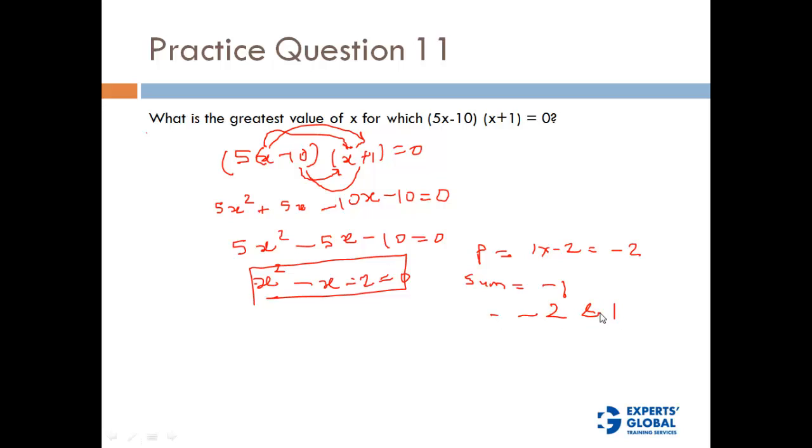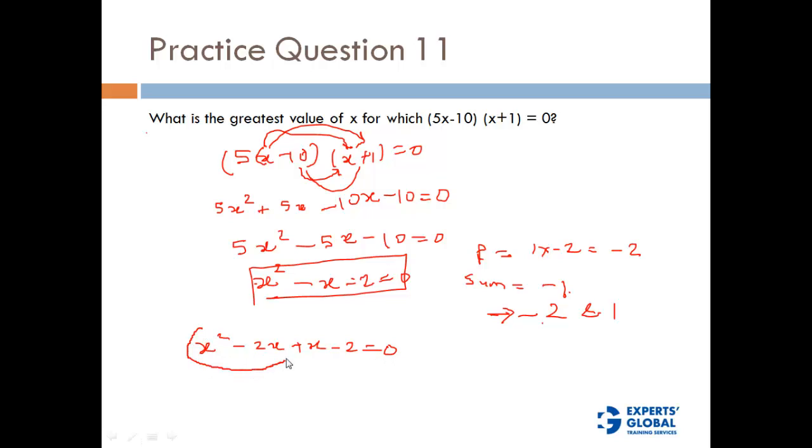Minus 2 into 1 is equal to minus 2, and minus 2 plus 1 is equal to minus 1. That is the only combination of numbers that will give us product as minus 2 and sum as minus 1. So we'll split it: x square minus 2x plus x, rewriting minus x as minus 2x plus x. x square minus 2x plus x minus 2 is equal to 0.